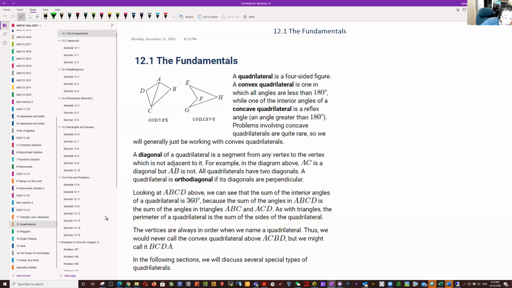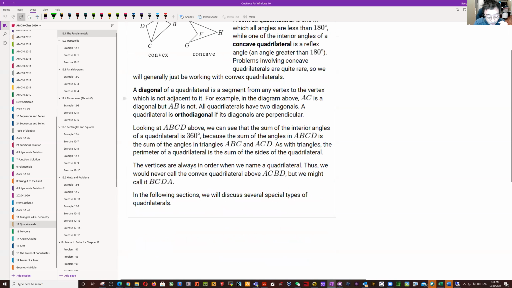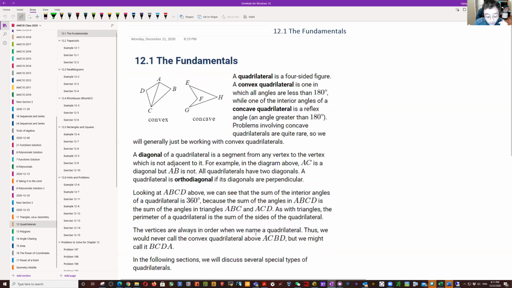So let's go to the quadrilaterals, and there are several fun facts on the quadrilaterals. A quadrilateral has 4 vertices versus a triangle has 3, and the total angle size is 360 degrees. A quadrilateral can also be orthodiagonal if the diagonals are perpendicular.